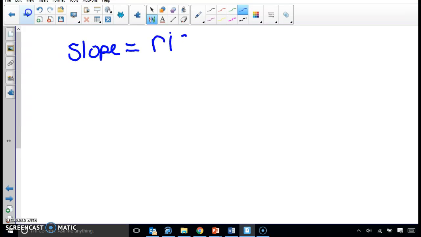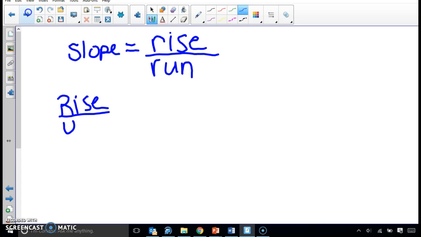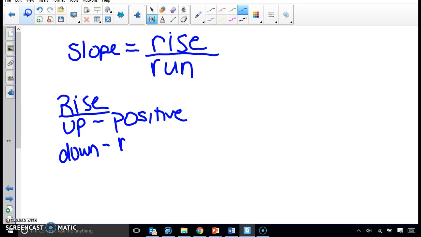So slope is, I think Dalton said, rise over run. And rise up is positive direction, and down is negative.